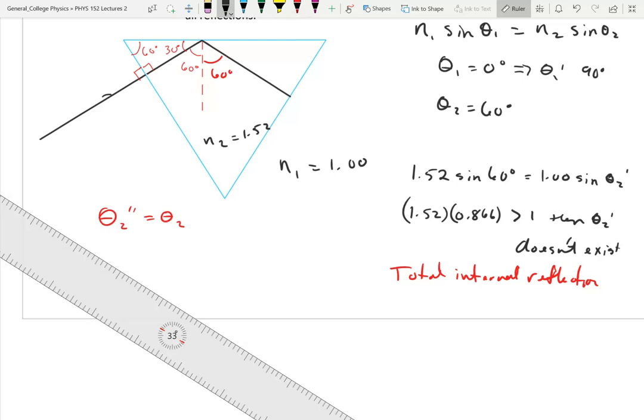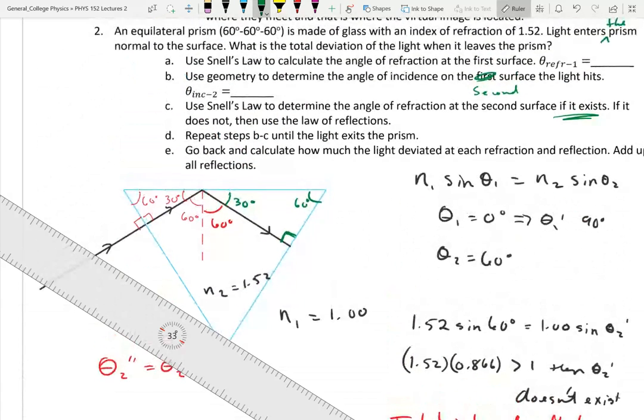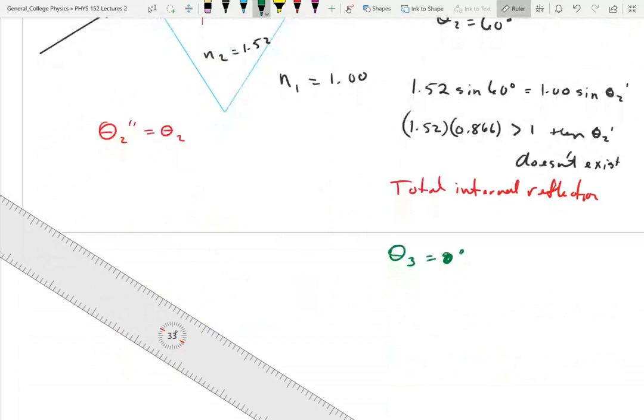Well, almost done. Could be total internal reflection, but look at that. In fact, given that we know the angle of reflection is 60 degrees, that means this angle is 30 degrees. This angle is 60 degrees. So the sum of the interior angles for a triangle is 180 degrees, which makes this 90 degrees. So we end up with theta 3 equal to 0 degrees, because it's 90 degrees from the surface, which means it's 0 degrees from the surface normal.